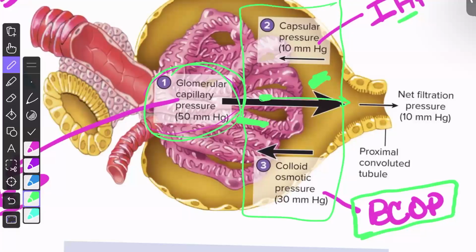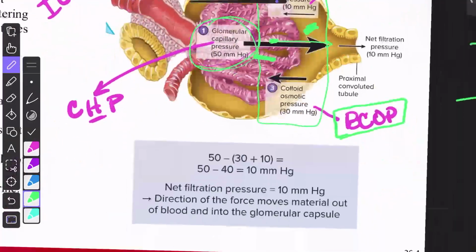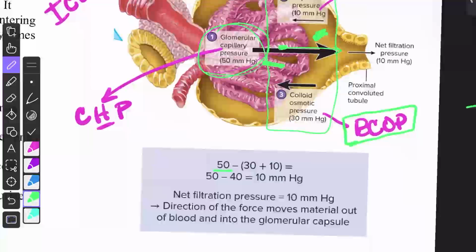I need a positive net filtration pressure, okay? 50 minus 30 plus 10 gives me a positive net filtration pressure, which tells me that water fluid is going to leave the capillary.